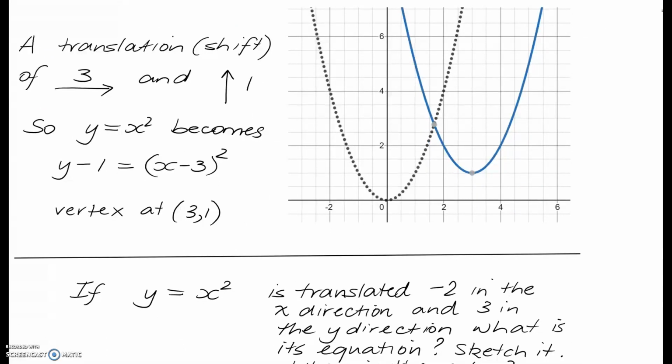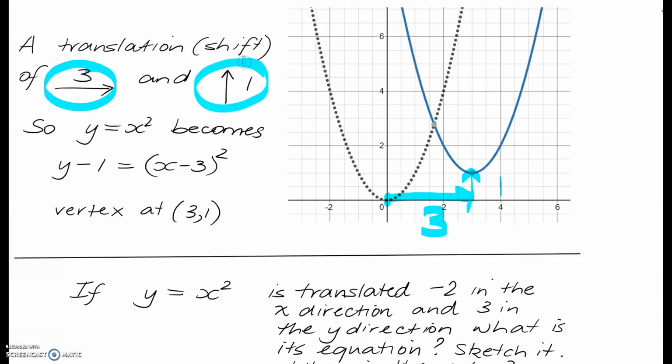Now this one, so here's your original vertex. I've done it in the dotted. That's your normal y equals x squared curve. Look at this. On the x, it went over by 3. That's what I'm talking about there. And on the y, it's gone up by 1. So we went 3 that way and we went 1 that way.